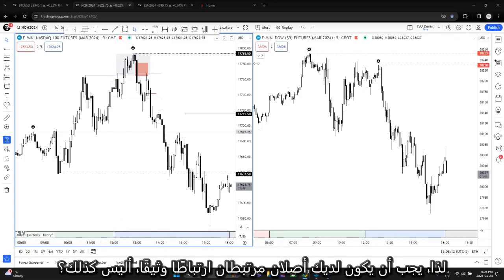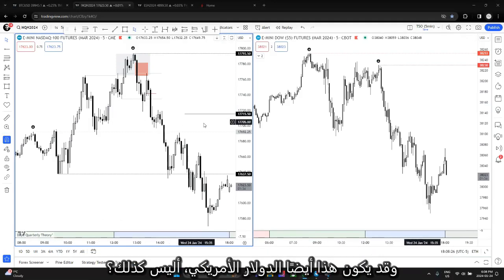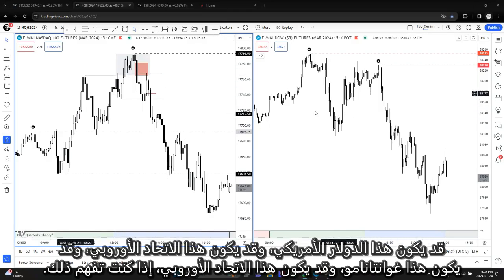So you have to have two closely correlated assets, right? So for example, this could be NQ, this could be ES, this could be ES, this could be Dow Jones, this could be Dow Jones, and this could even be the US dollar, right? This could be the US dollar, and this could be EU, this could be GU, and this could be EU, if you understand.